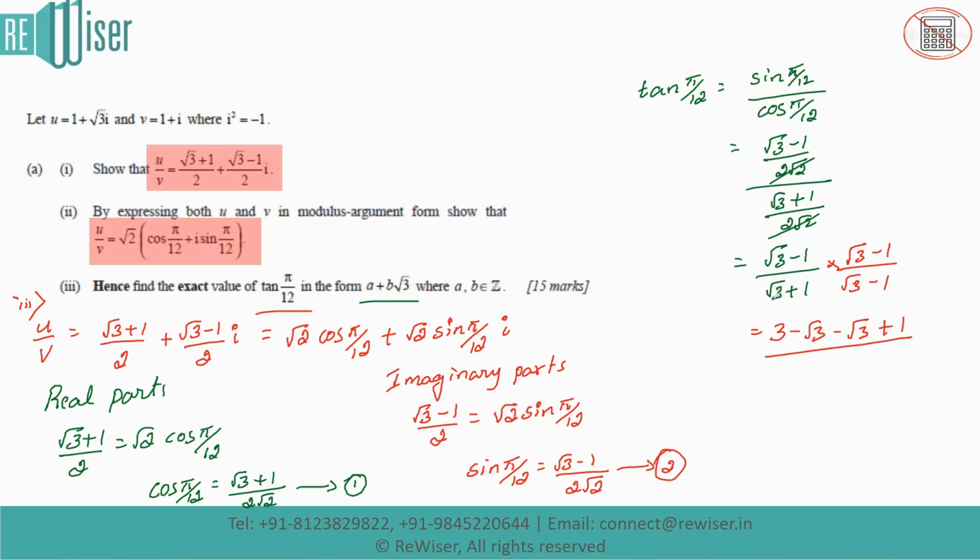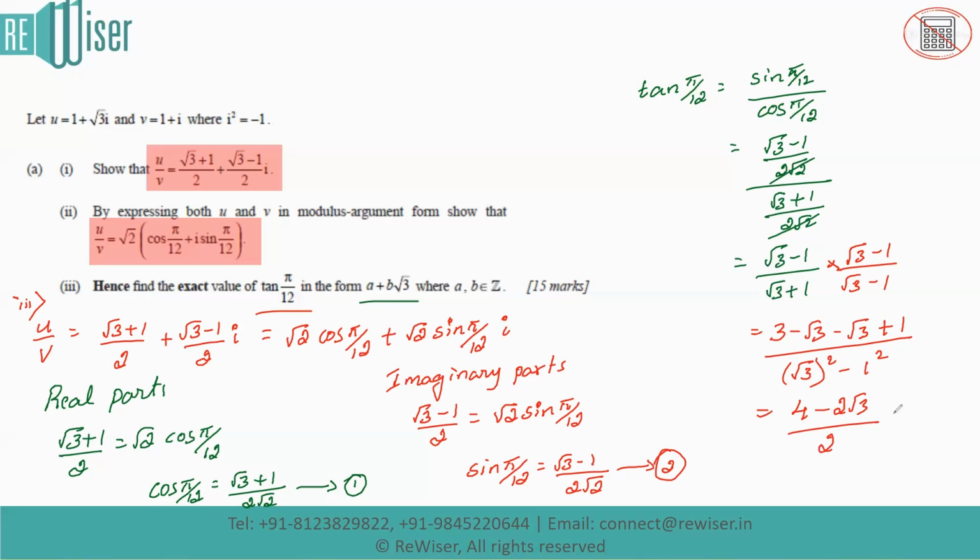And the entire thing is divided by the denominator, which is a plus b times a minus b, that's going to be a square minus b square. So it's going to be root 3 whole square minus 1 square. So in the numerator, 3 plus 1 is going to be 4 minus 2 root 3, and the entire thing is divided by 3 minus 1, which would be 2.